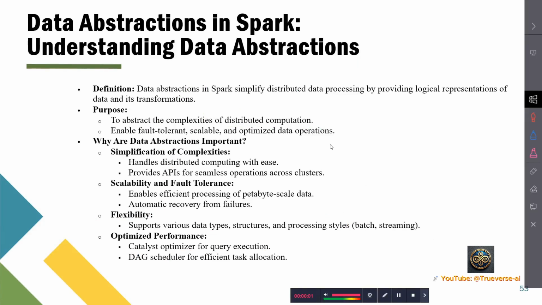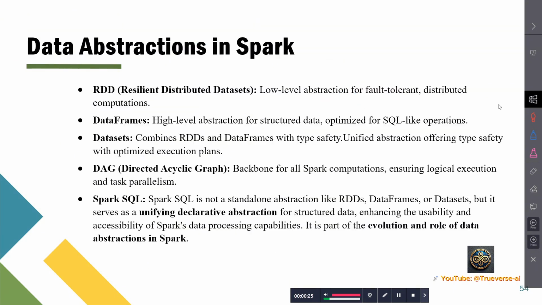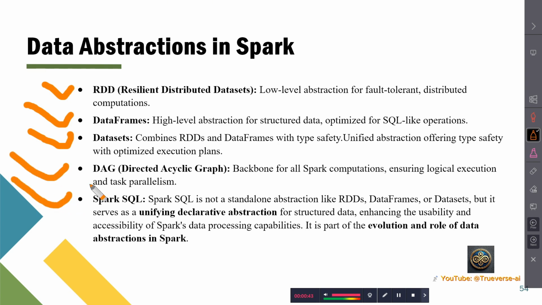Okay, now we are going to see data abstraction with a real Spark example. There are 5 important Spark data abstractions. Let's see them in the next slide. They are RDD, DataFrames, Datasets, DAG, and Spark SQL.